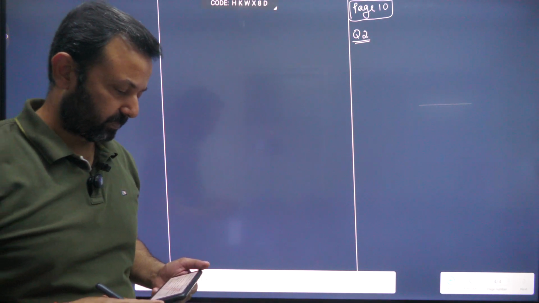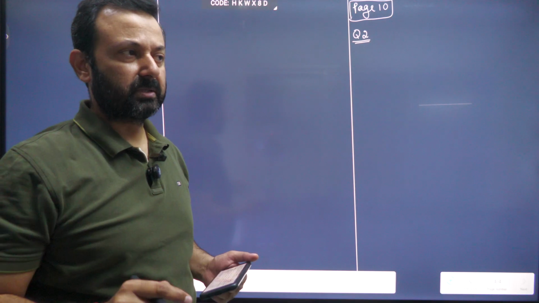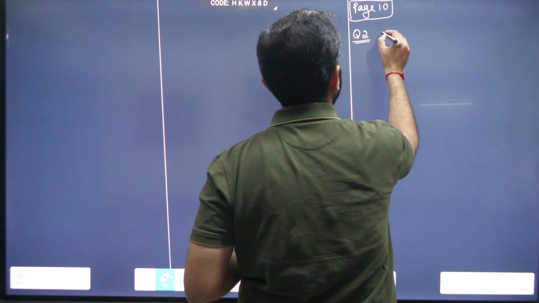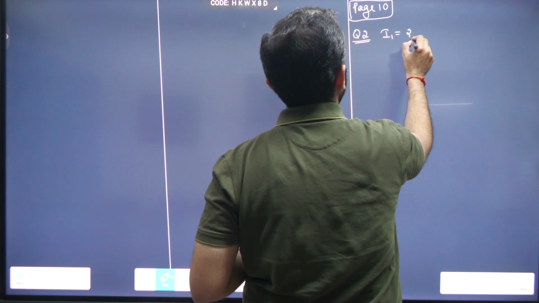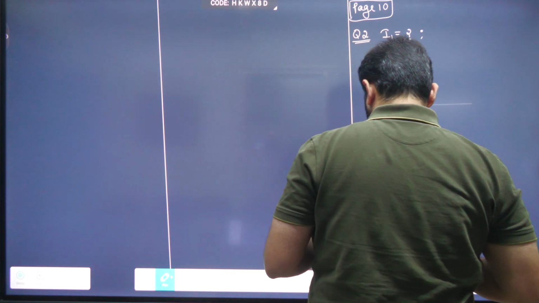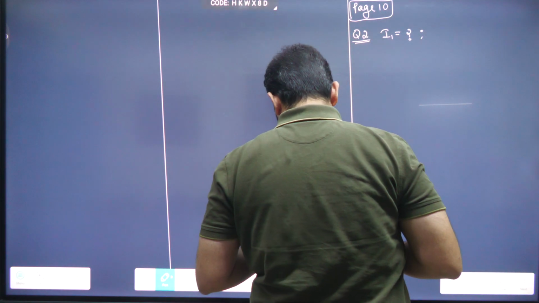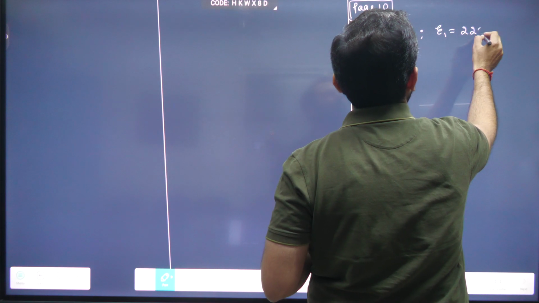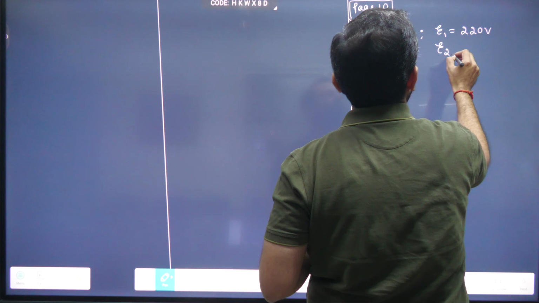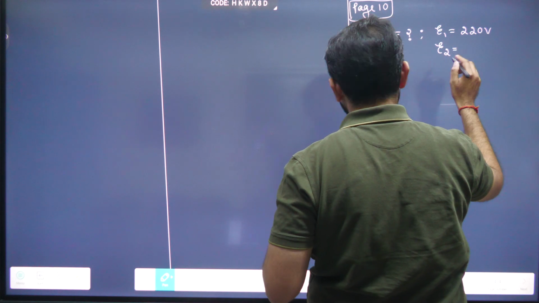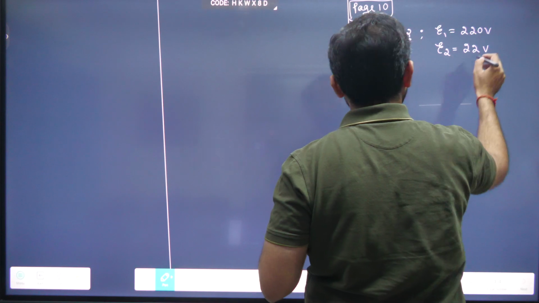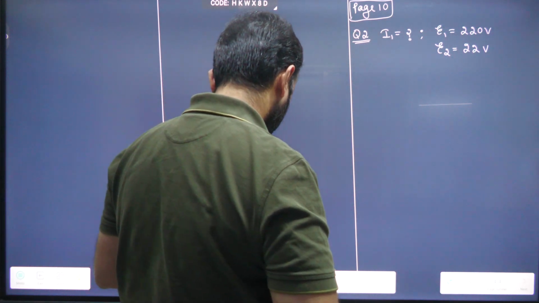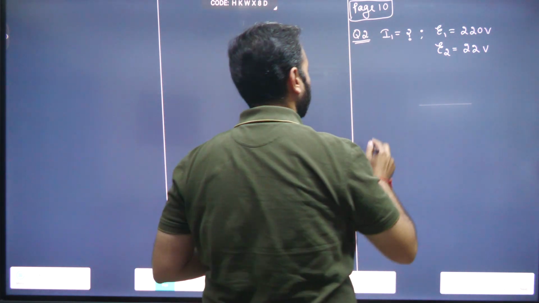How much current is drawn by the primary means they are asking about I1. Which steps down, it means E1 is 220 volt, and steps down means output voltage is less than the input voltage, 22 volt.